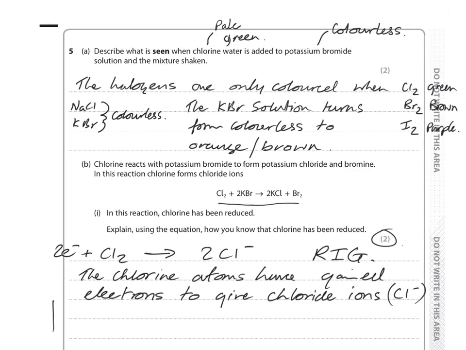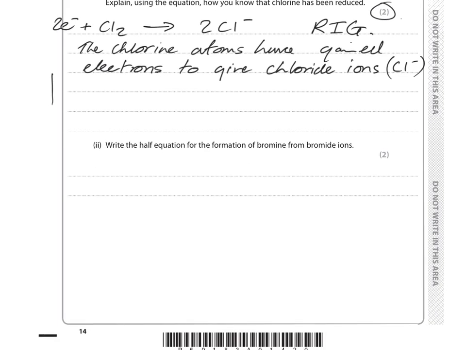The next part says write a half equation for the formation of bromine from bromide ions. Well, we've got to get that round the right way. I'm going to make bromine, and bromine goes around in pairs, so that's Br2, and I'm going to make that from bromide ions, Br minus. Well, Br minus, I've got to lose that minus charge. Br minus has a minus charge because it's gained an electron.